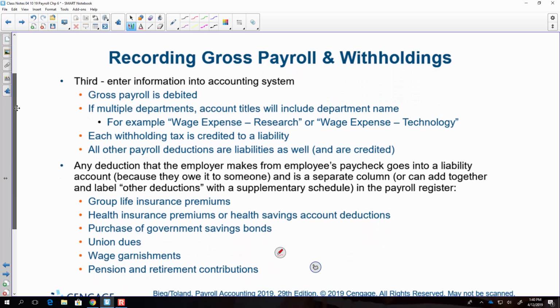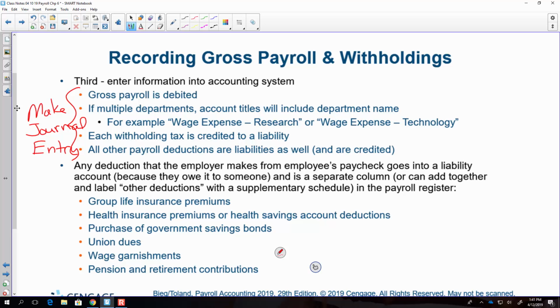Once we have the earning record updated, at that point we make our journal entry, right? We're going to record it in our accounting system. Now obviously in a real live situation, QuickBooks, Sage, any type of accounting software program that does payroll, this is done automatically, but it's still a good process for us to learn what should occur, because we're responsible for that accounting information.